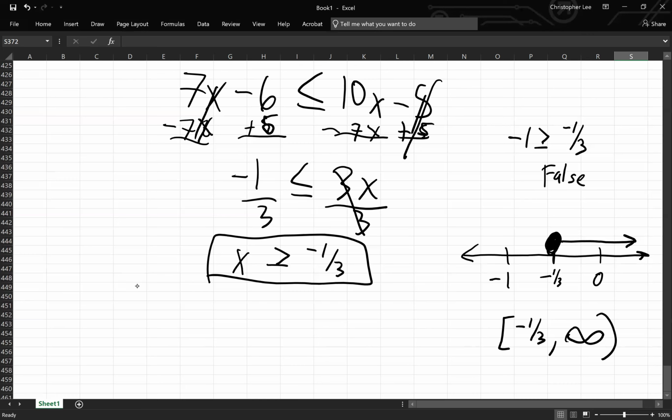Whenever you have a closed circle, it corresponds to the bracket, and an open circle corresponds to a parenthesis. Infinity is all the numbers that are getting bigger and bigger and bigger. It's a sideways eight.